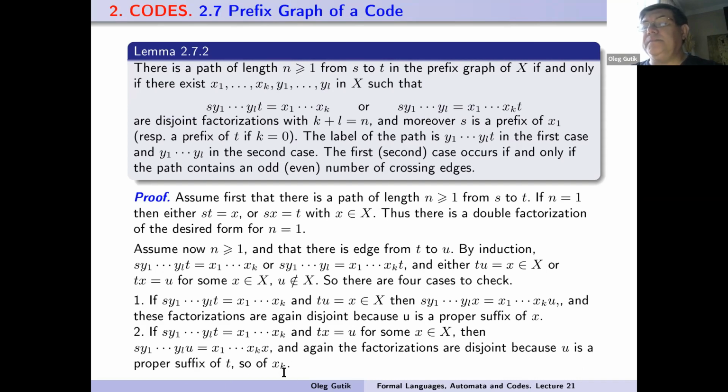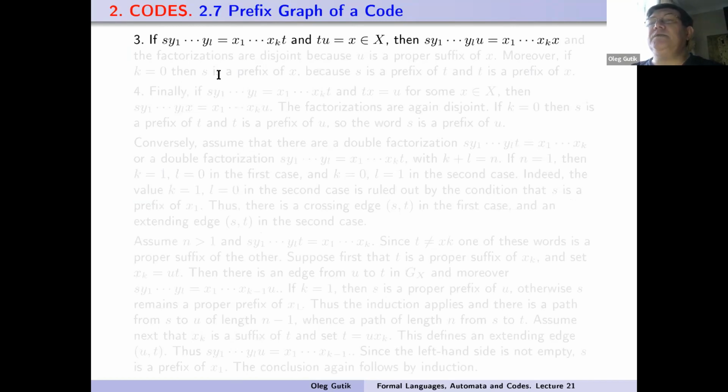The third case, if the word s y1 so on yl is equal x1 so on xk t and tu is equal x which belongs to X capital, then the word s y1 so on yl u is equal to the word x1 so on xk x, and the factorizations are disjoint because the word u is a proper suffix of the word x.